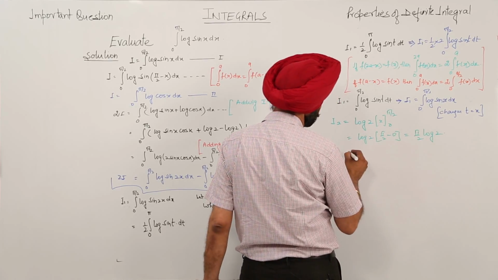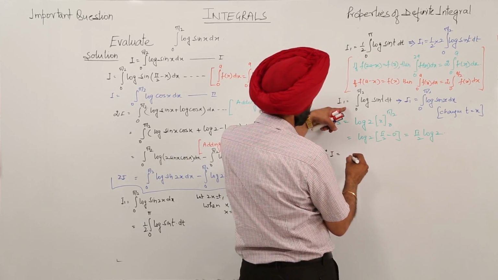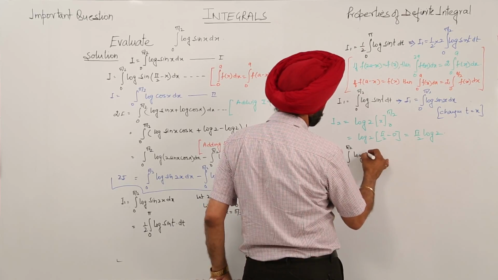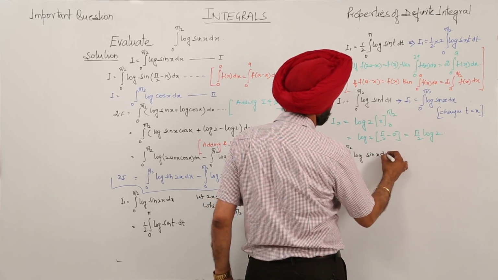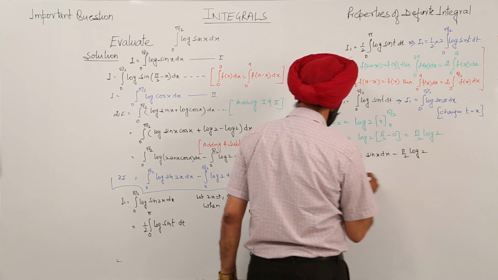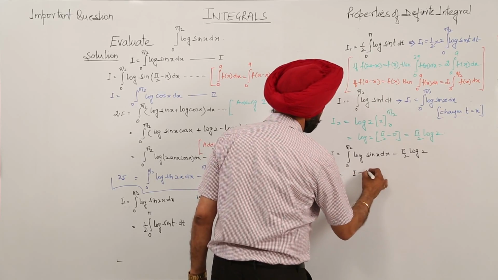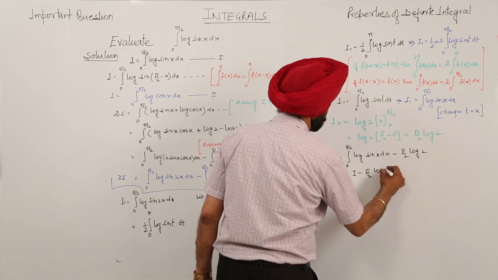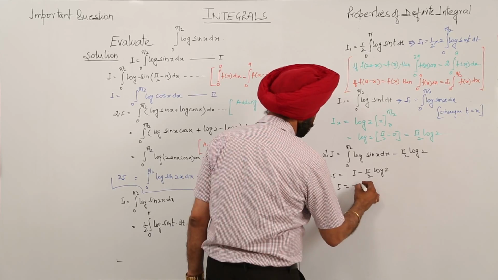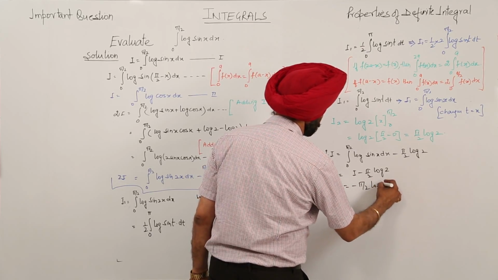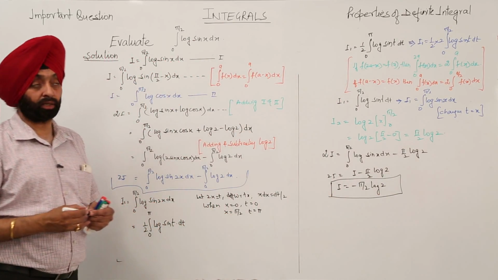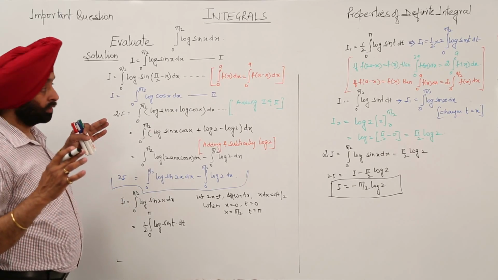So I1 is 0 to pi by 2 log sin x dx, which is I, minus pi by 2 log 2. So 2I is equal to I minus pi by 2 log 2, and I is equal to minus pi by 2 log 2. So this is the very important integral, and this should be learnt.